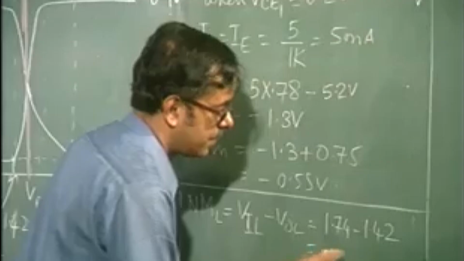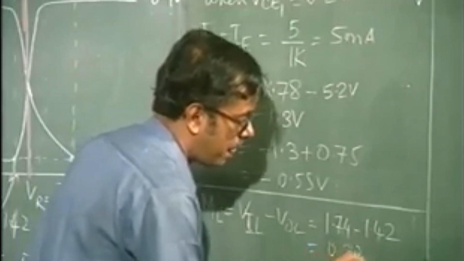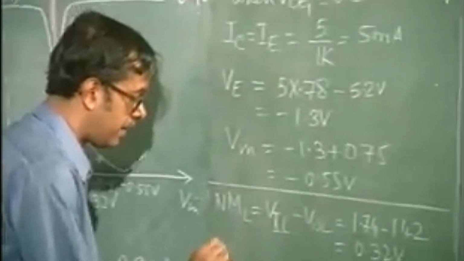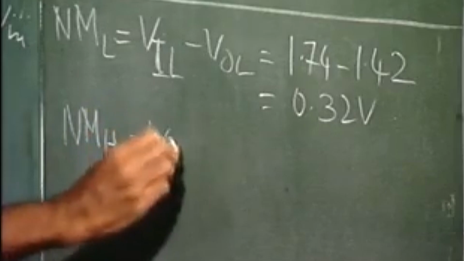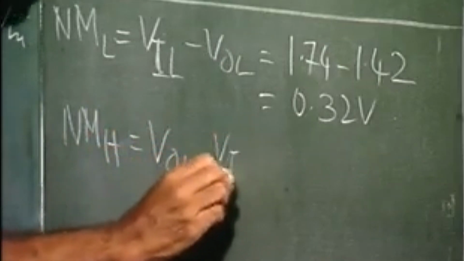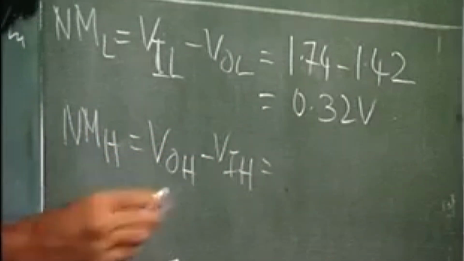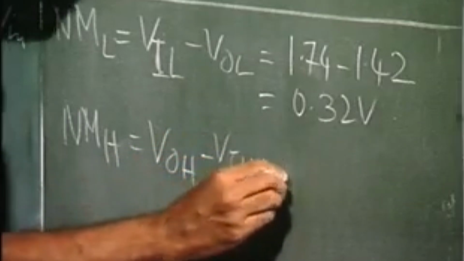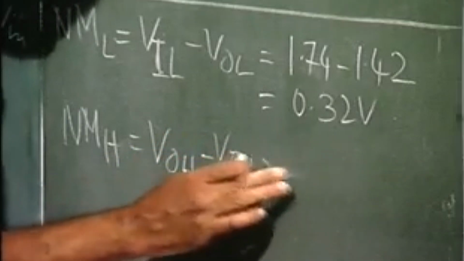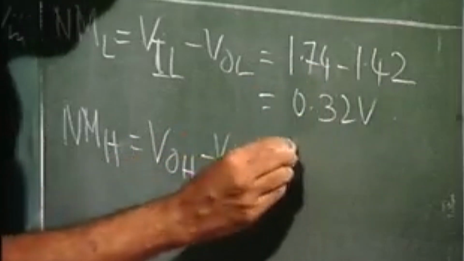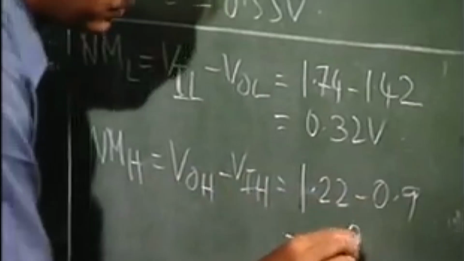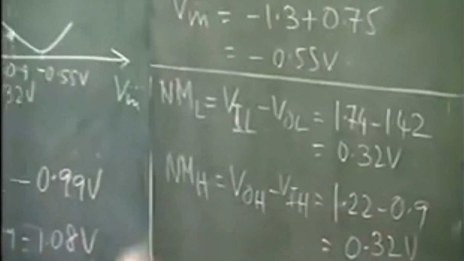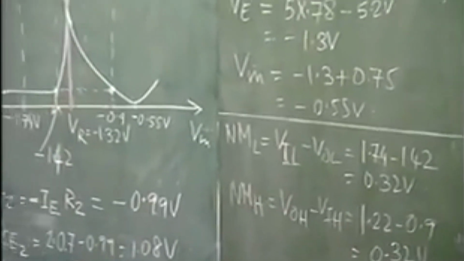So, this is 0.32, and noise margin high is equal to VOH minus VIH, which is equal to the difference of 1.22 and 0.9. So, this is again 0.32 volts. So, basically you have equal noise margins, low and high.